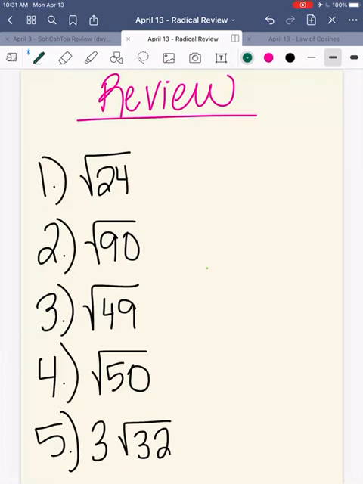All right, so the first thing I'm going to do is write out the perfect squares. A perfect square, to remind yourself, is a number times itself. So 1 squared is 1 times 1, which is 1. 2 squared is 2 times 2, which is 4. 3 squared is 9.